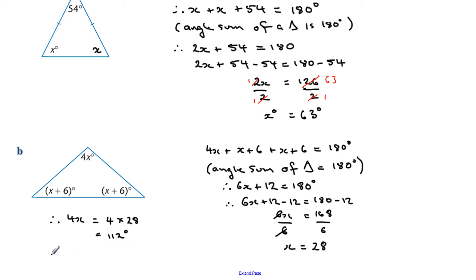And we can also say, and so I'll say here also, x plus 6 would be therefore 28 plus 6, because we know that x is 28, 28 plus 6, which gives us 34. So therefore, the base angles of this triangle, and it is an isosceles triangle, as you can see, the base angles are 34 degrees each.